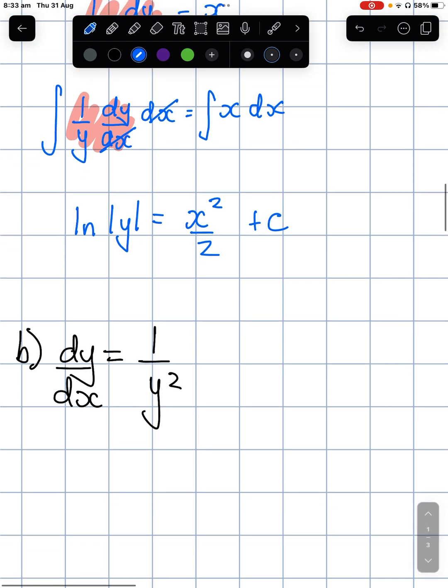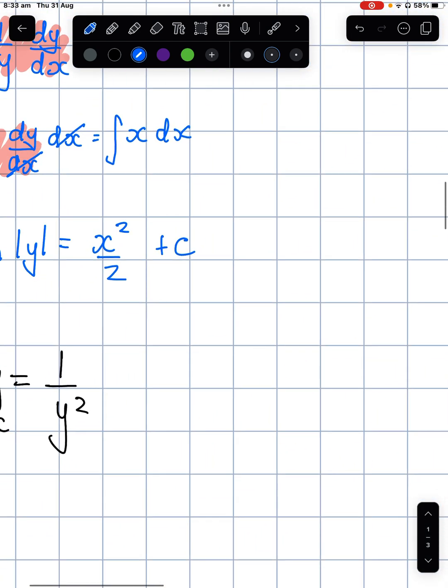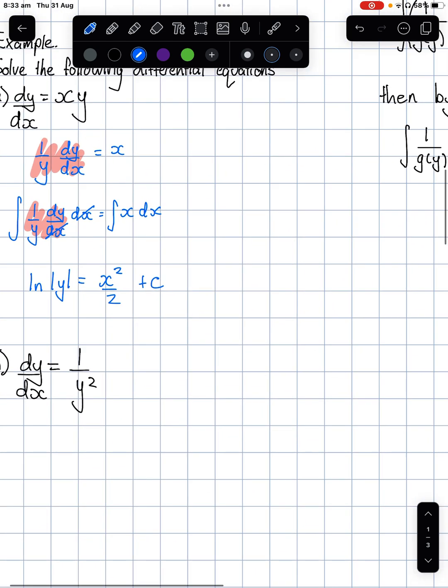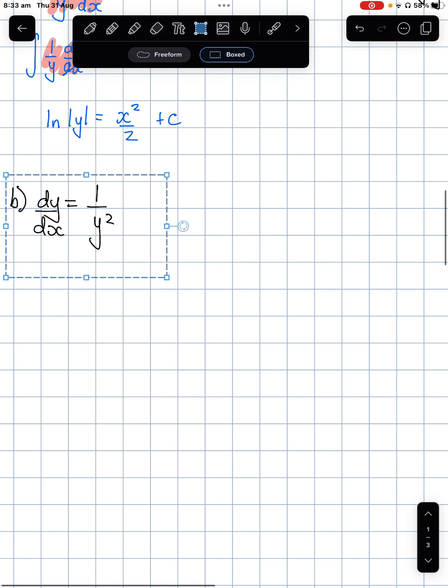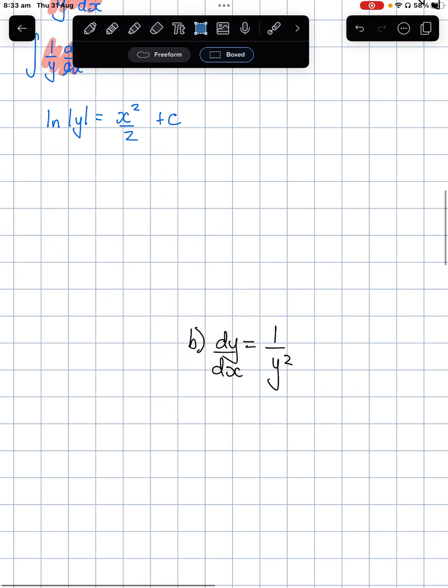And then our next step here, I'm going to have to jump up to the right, so I do apologise. We can move this down a little bit to give ourselves more room. All right, so in this next step, we raise it to an e, so it's going to be e to the ln absolute value of y equals e to the x squared on 2 plus c.